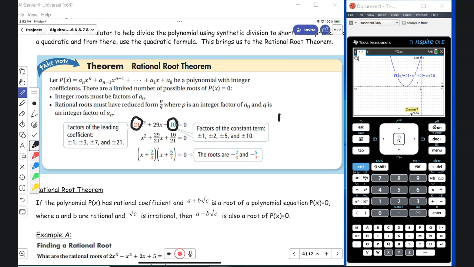It would be plus or minus 1, plus or minus 2, plus or minus 5, plus or minus 10, and then it's a ratio, so you're dividing, and it's going to be plus or minus 1, plus or minus 3, plus or minus 7, plus or minus 21.